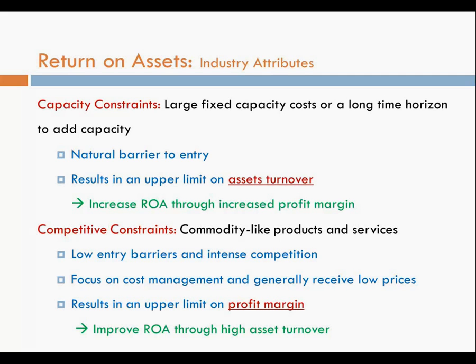But what it does do, it results in an upper limit on your asset turnover. You have lots of assets, and your asset turnover is stable from year to year. So if you want to increase your ROA, you have to increase through profit margin in these kinds of business. So if you're constrained by capacity, the way to improve your return on assets, because your assets are constrained, think about your numerator and your denominator. Your denominator doesn't change. The way that you'll change your return on assets is the profit margin.